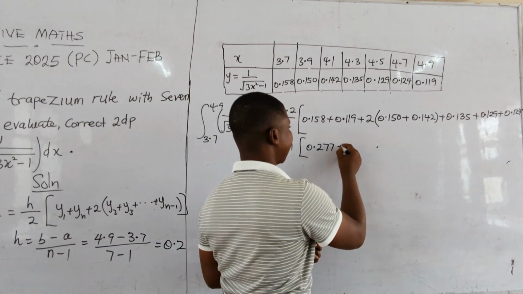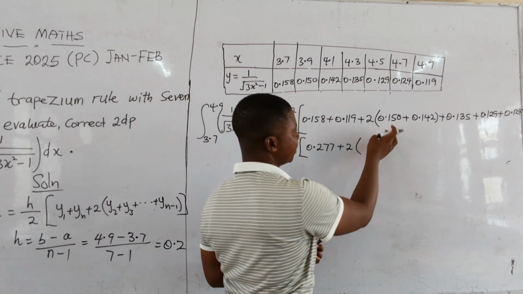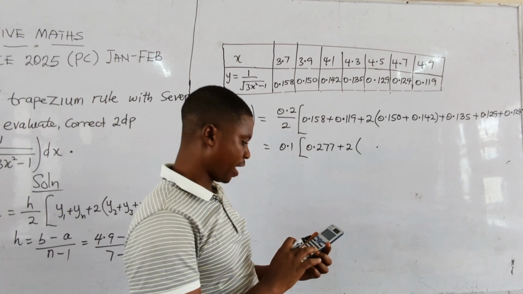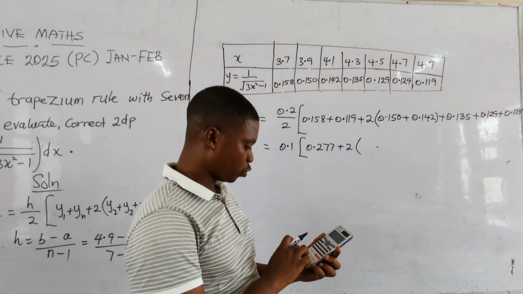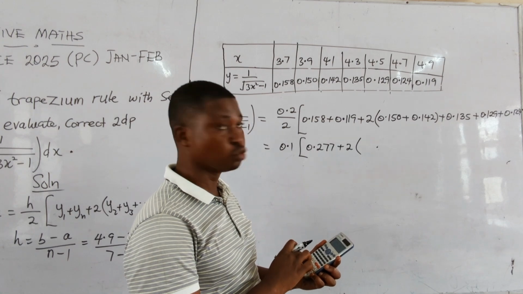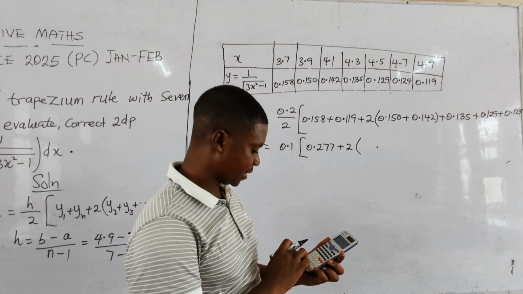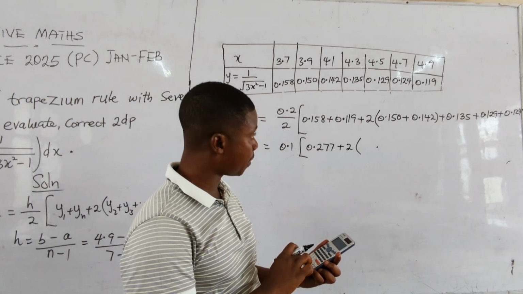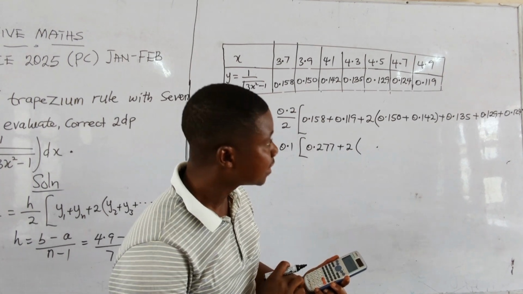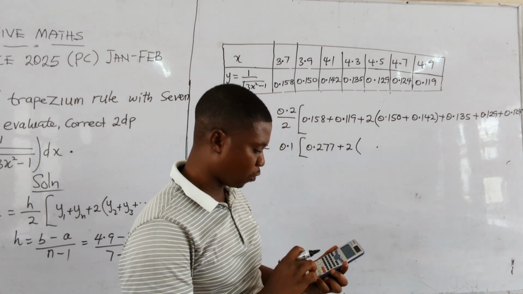Then you add everything in the bracket: 0.150 plus 0.142 plus 0.135 plus 0.129 plus 0.124.